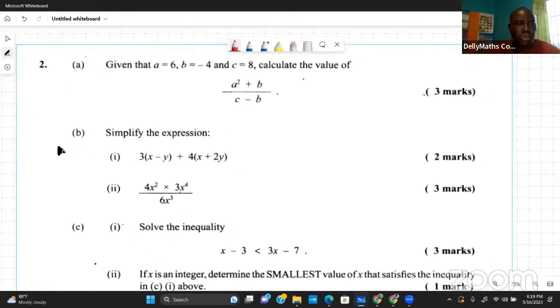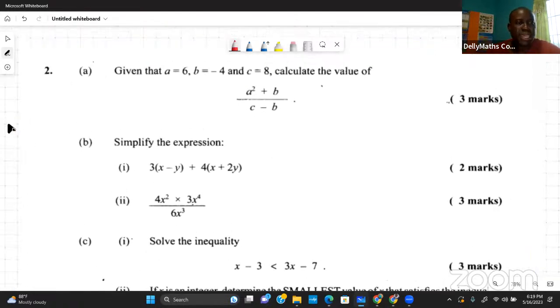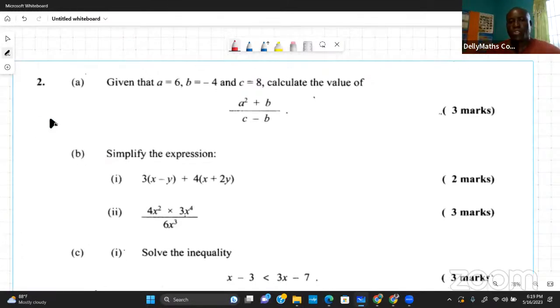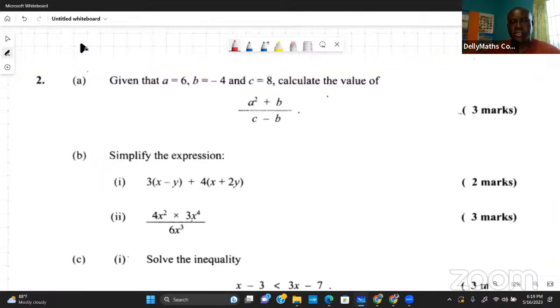Let's look at a typical number two. We're looking at an algebra question. We probably could do this one right here on the spot. This algebra question is asking us to substitute, right? We have a squared plus b, all over c minus b. Let us substitute. a is 6, so if we have a squared, we're talking about 6 squared.